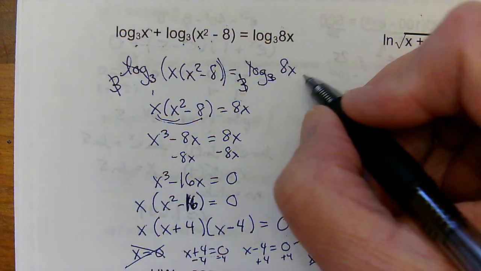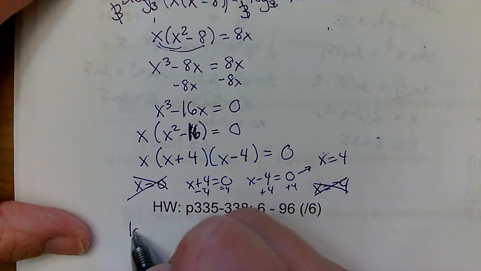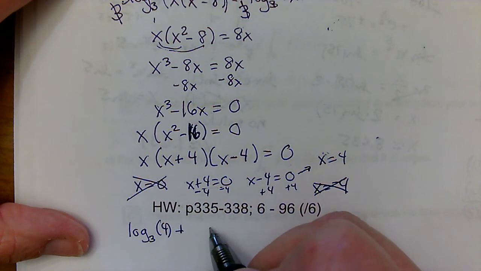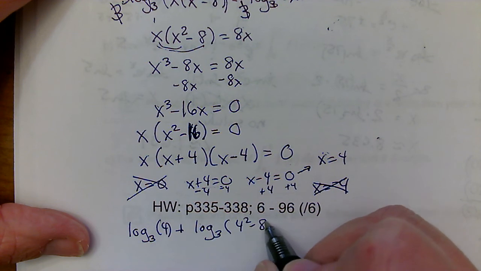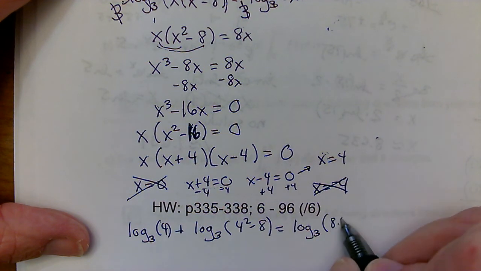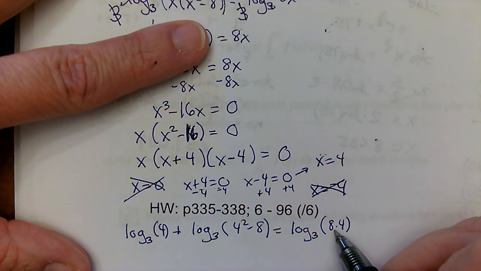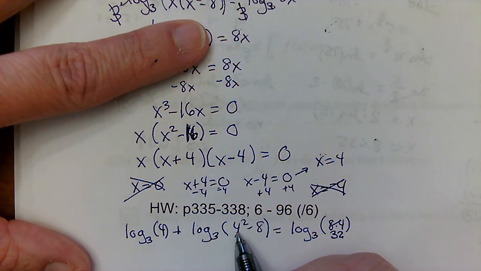So I'm just going to do that below here: log base 3 of 4 plus log base 3 of 4 squared minus 8 equals log base 3 of 8 times 4. Well, 8 times 4 is 32. 4 squared is 16 minus 8 is 8.